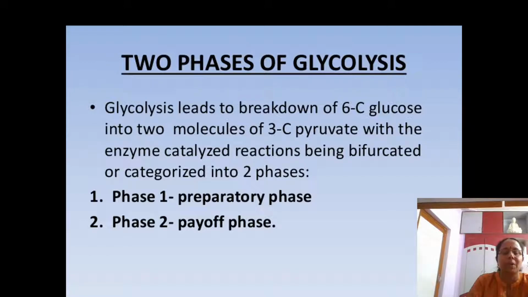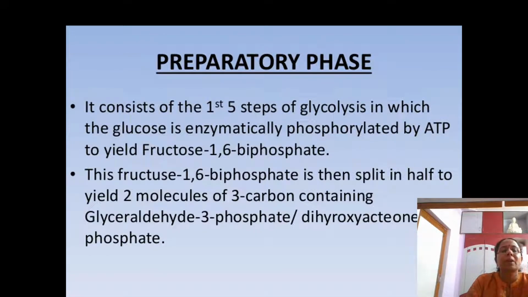Phase 1 is the preparatory phase, phase 2 is the payoff phase. So the preparatory phase consists of steps 1 to 5 and yields fructose 1,6-bisphosphate. This fructose 1,6-bisphosphate is then split into two molecules of 3-carbon compounds, glyceraldehyde 3-phosphate and dihydroxyacetone phosphate.